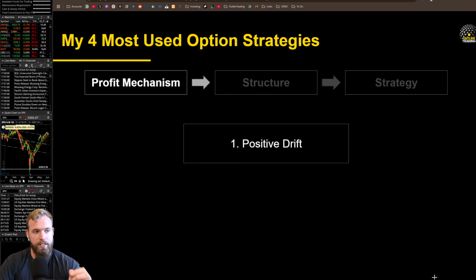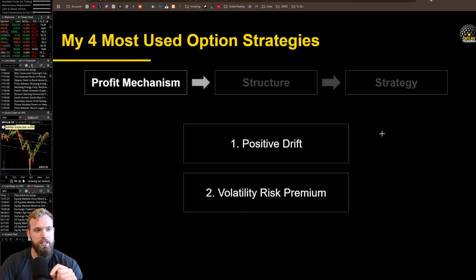Notice how I'm taking the time to actually define the profit mechanism. It's because there's no strategy that you can think of trading without understanding the actual profit mechanism that you are trying to trade. Because of the one that I just showed you, we can immediately think about different kinds of structures that might fit that, which we'll talk about.